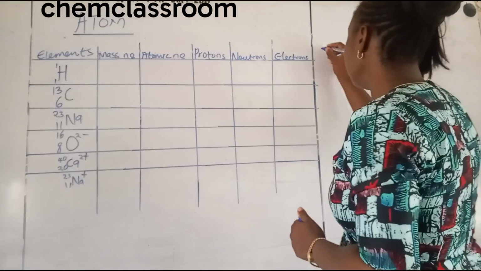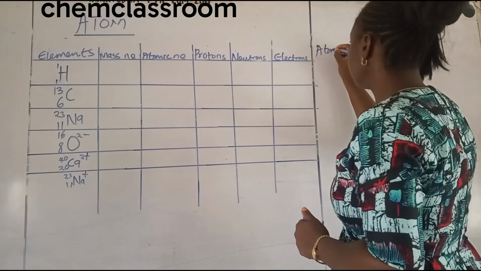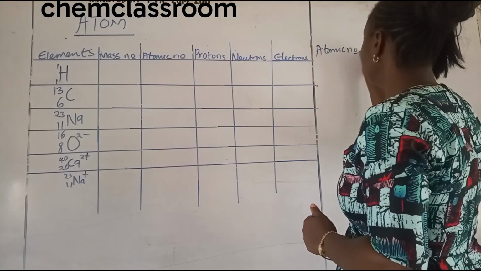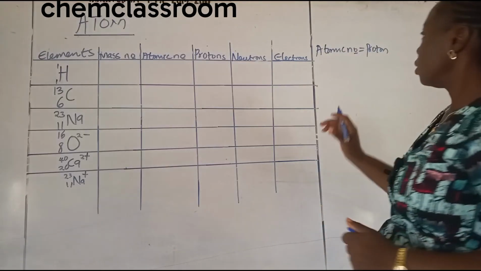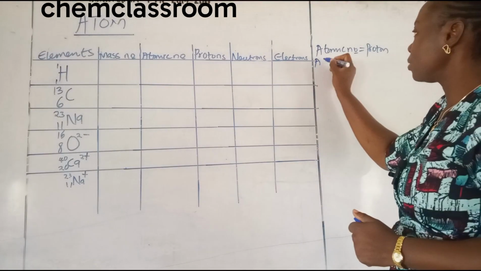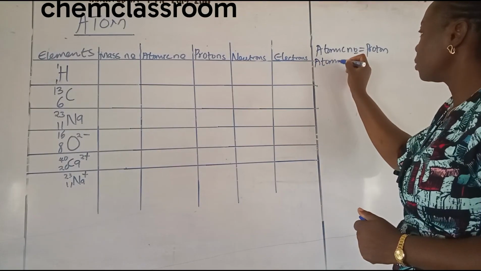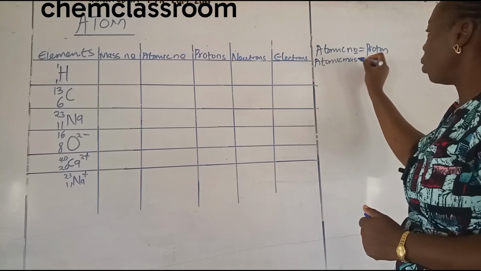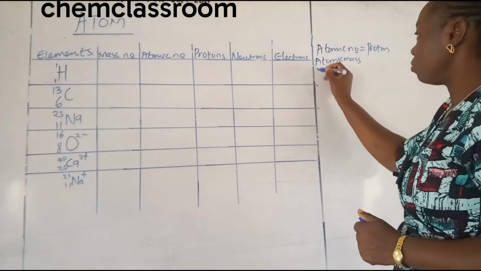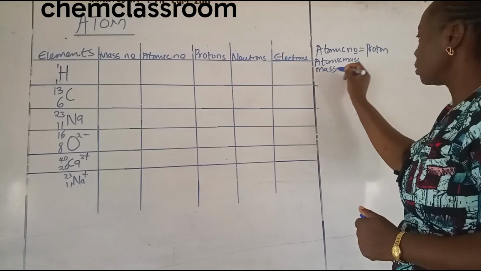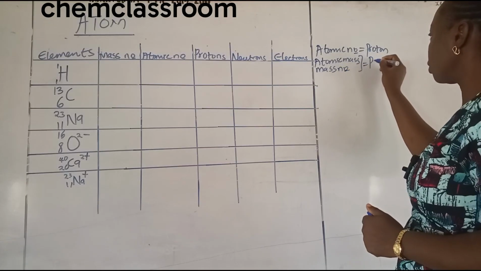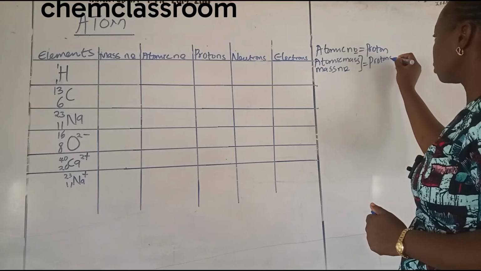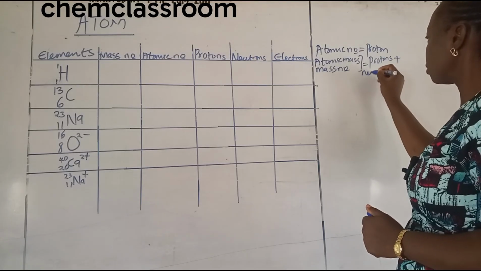The atomic number is equal to the number of protons, and the atomic mass, or mass number, is equal to protons plus neutrons.